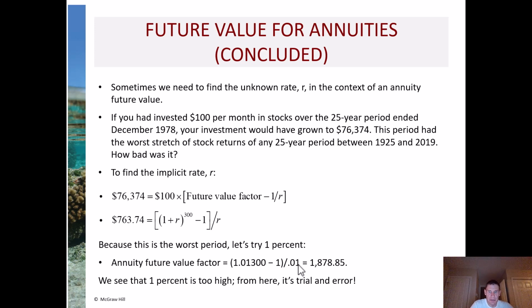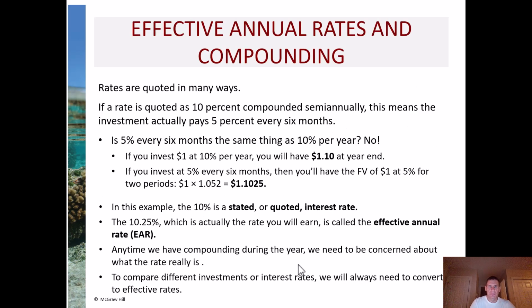We get 1,878.85. So we notice that 1% is not too far off, but it is a little high. Moving forward from here, as you can see, it's just trial and error.